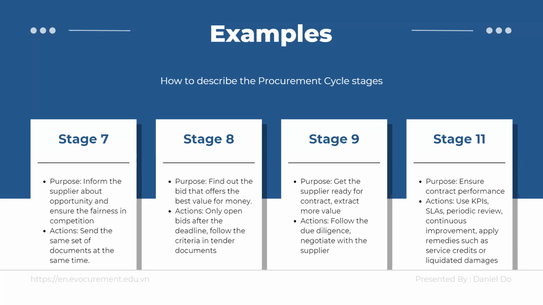The purpose of this stage is to find out which bid or tender offers the best value for money, and we do that by close examination and assessment of the bid. We only assess a bid after the deadline and apply the criteria that we have set out in earlier stages, like stage number 5.